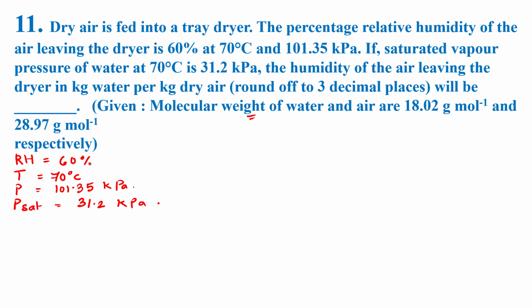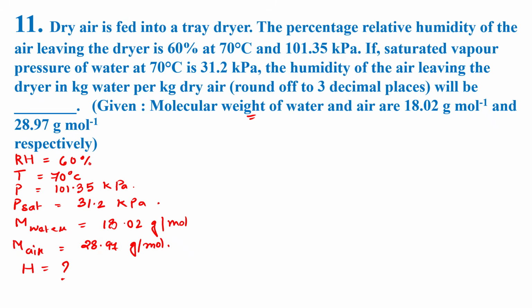Molecular weight of water, that is 18.02 gram per mole, and molecular weight of air is 28.97 gram per mole. And we have to calculate the humidity of the exit air. First we'll calculate the partial pressure of the water vapor, that is PV.